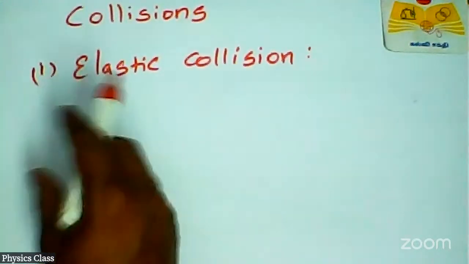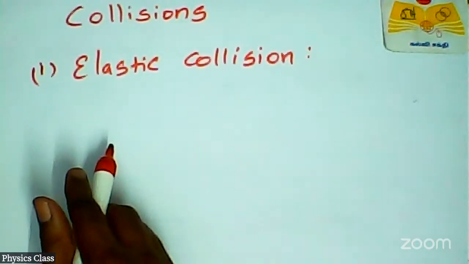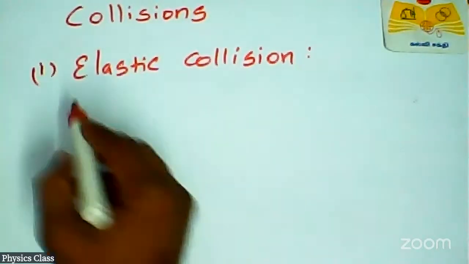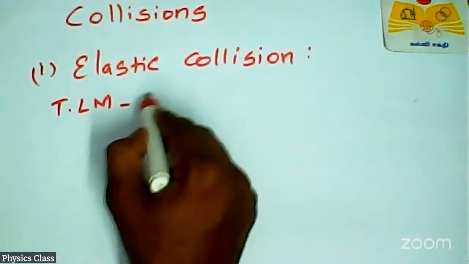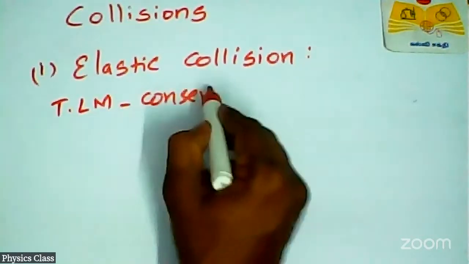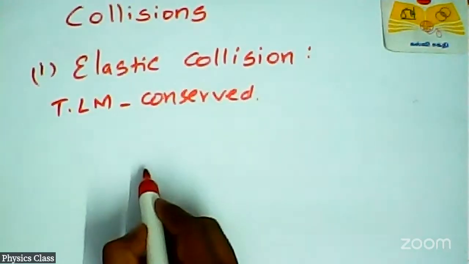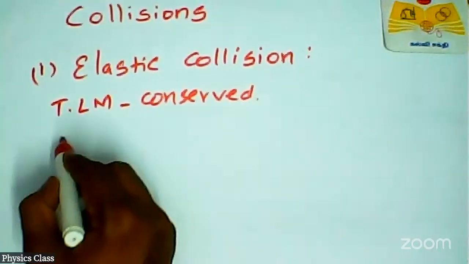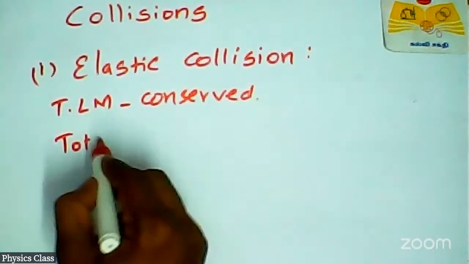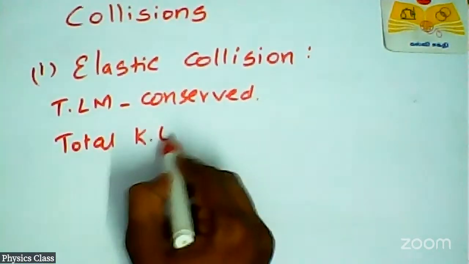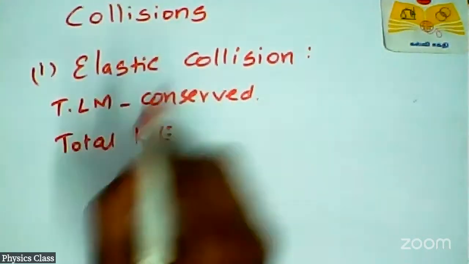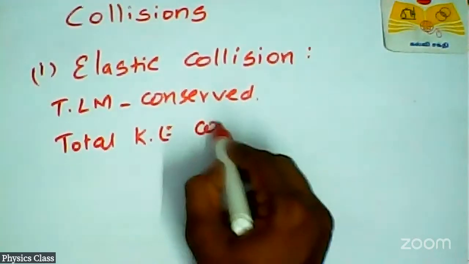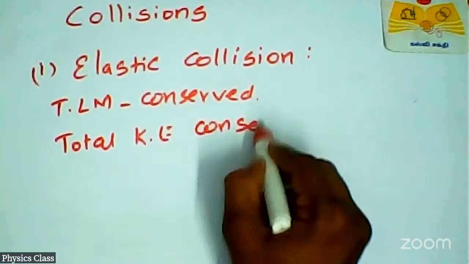In a collision, we already said that total linear momentum is considered. Here, the total kinetic energy of the bodies is conserved in an elastic collision.